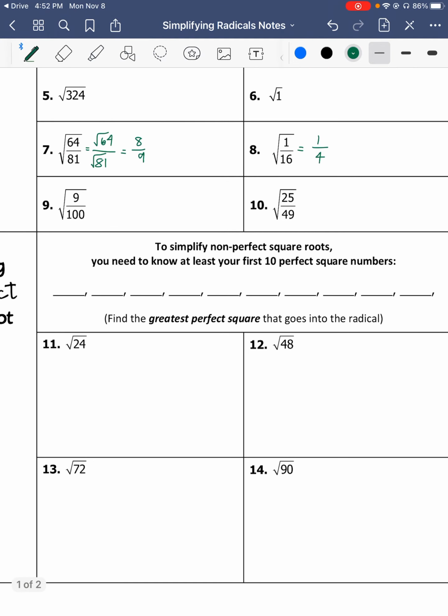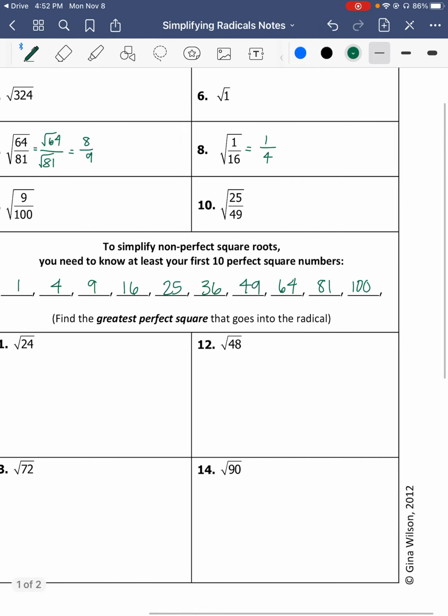Simplify non-perfect square roots. You need to know at least your first 10 perfect square numbers. Okay, so 1 squared is 1, 2 squared is 4, 3 squared is 9, 16, 25, 36, 49, 64, what do we want? 8, 9, 81, and 100, right?